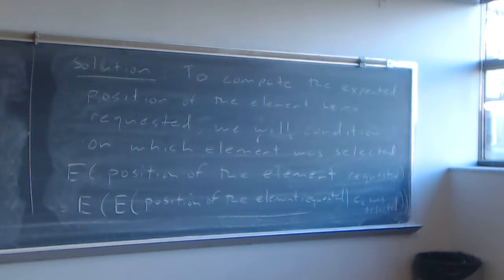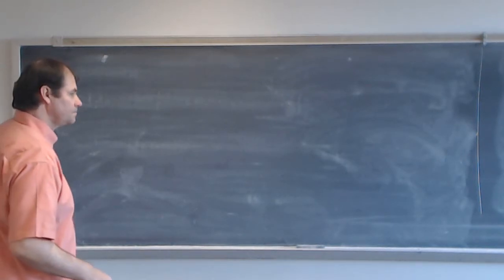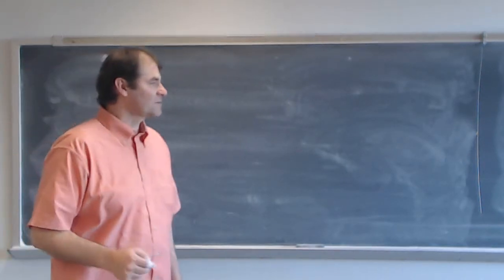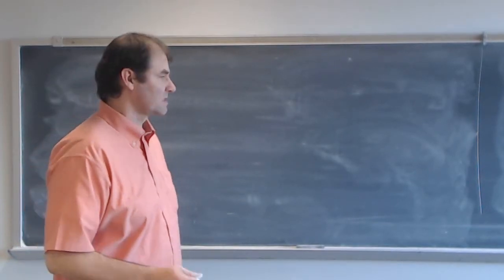Okay. So here, we're doing an expected value of something that would be a random variable, given that E sub I was selected.